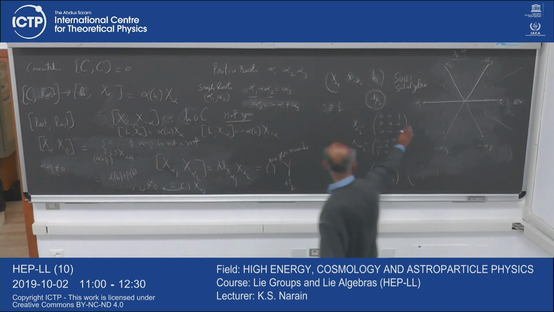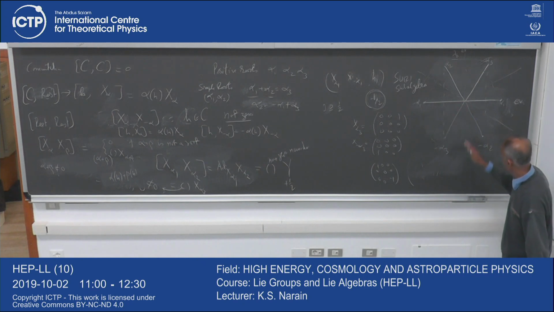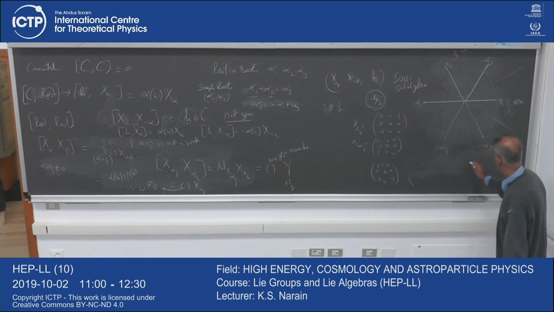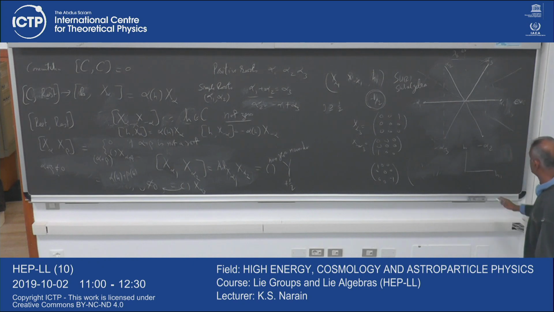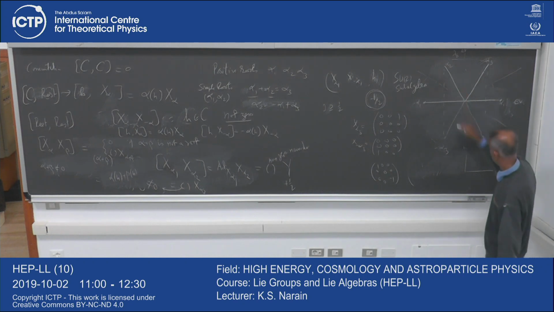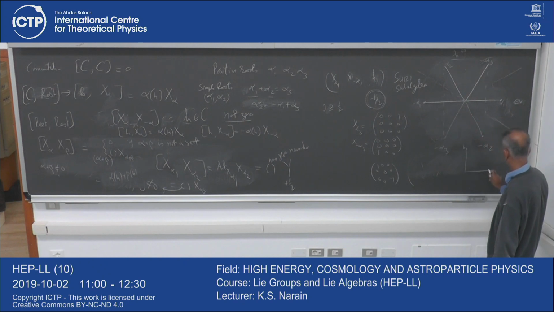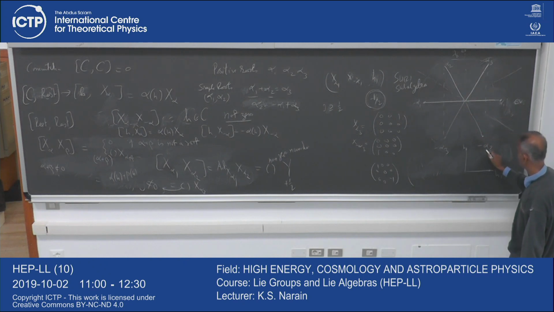It's just that for this choice, there are some nice pictures up here. Just imagine if I had chosen to plot the H1 and H2 eigenvalues, then the picture would be somewhat different. The alpha 2 root would have been just here, and alpha 3 root would have been somewhere here, because it's a matter of choosing your basis.